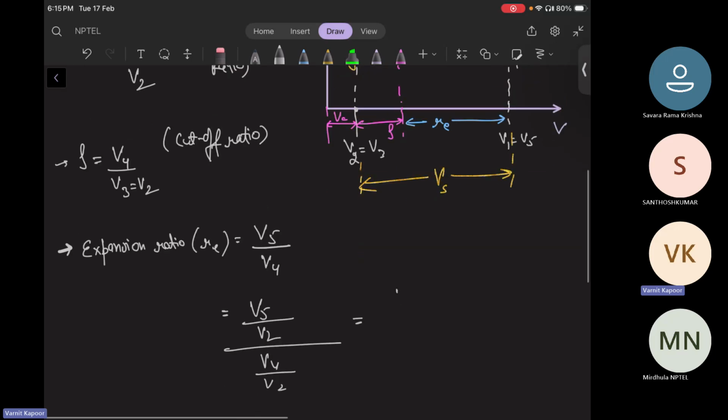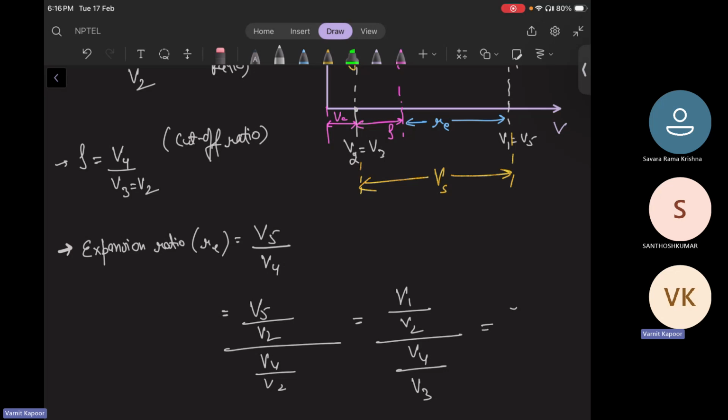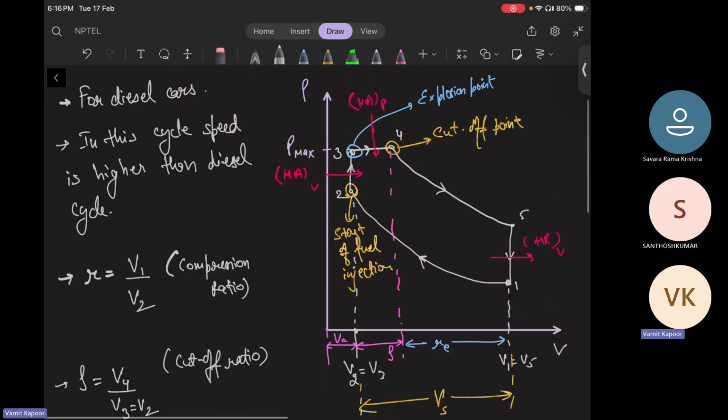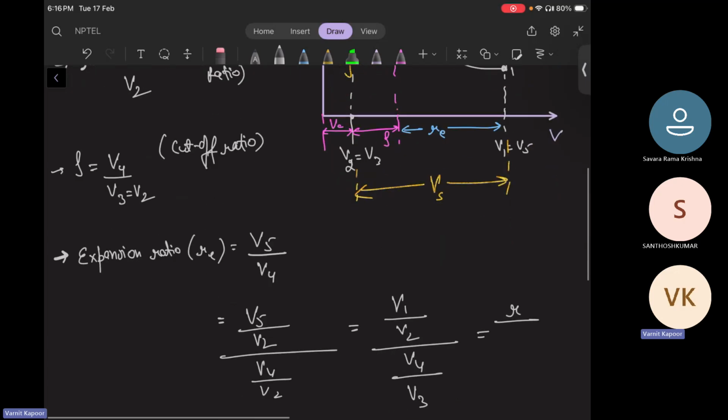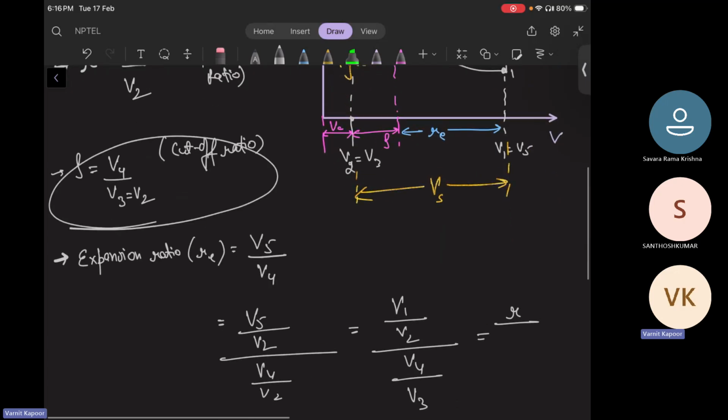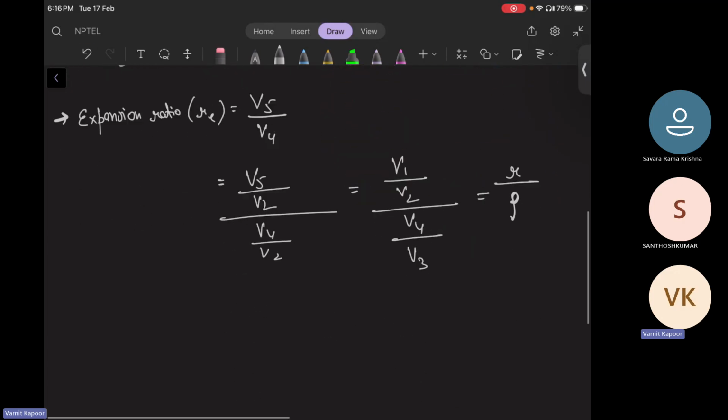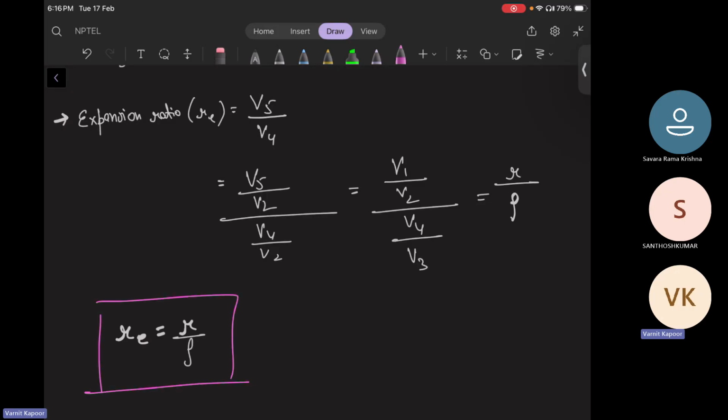V5 is nothing but V1 because both are same again, and V2 is again V3. So we know that V1 by V2 is compression ratio, just now we defined, and V4 by V3 is your cutoff ratio. So we can say that our expansion ratio can be again written in terms of r and rho.